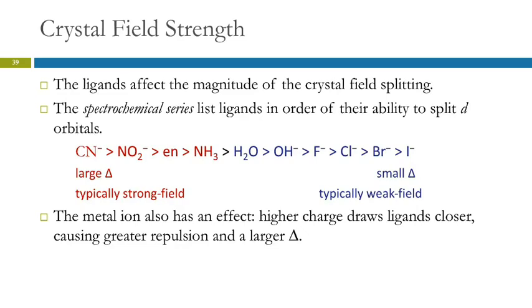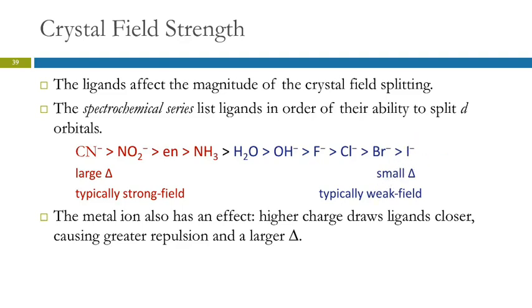So the ligands affect the magnitude of the crystal field splitting. What's called the spectrochemical series lists ligands in order of their ability to split d orbitals. So cyanide splits them a lot, and we go through this list, and iodide splits them the least.